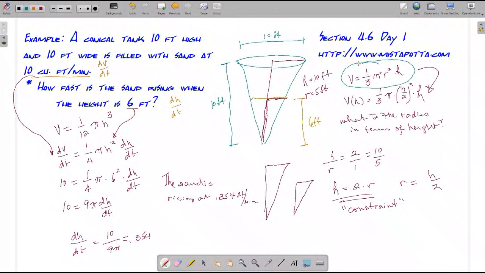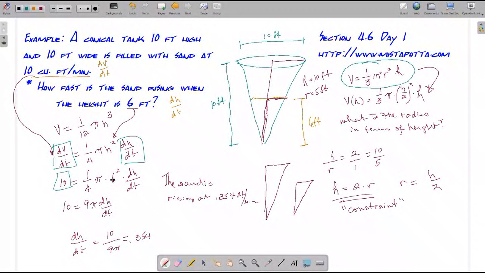The second thing, this idea of taking the derivative with respect to time, getting everything in terms of a rate of change over time, substituting in our known values.